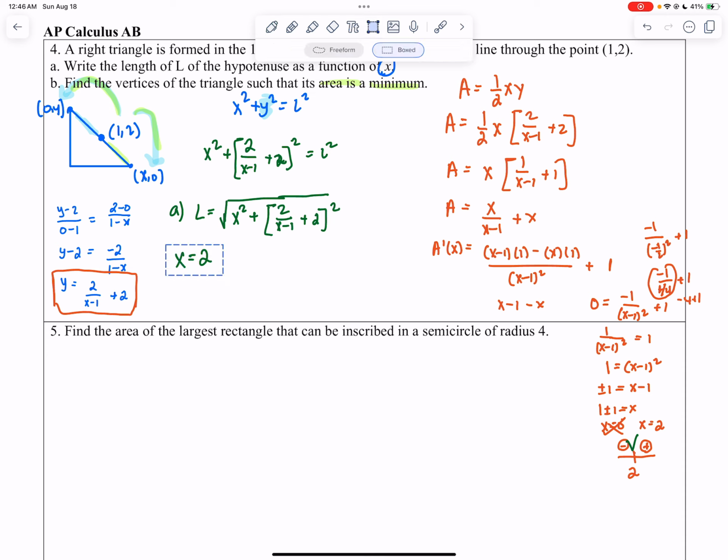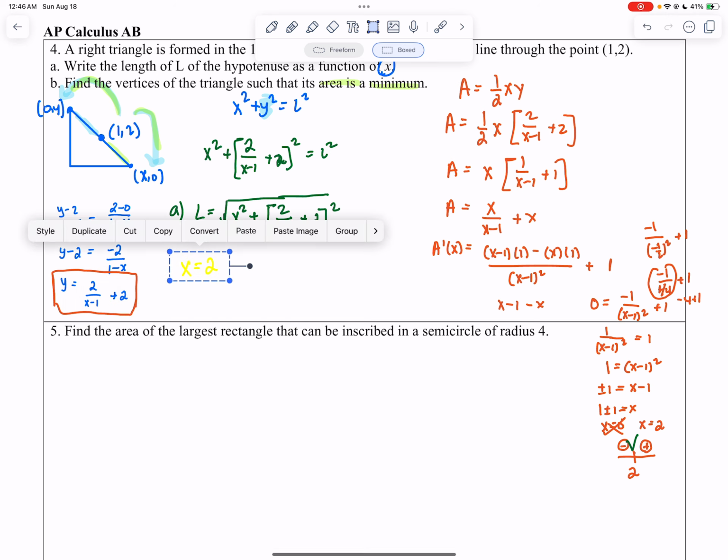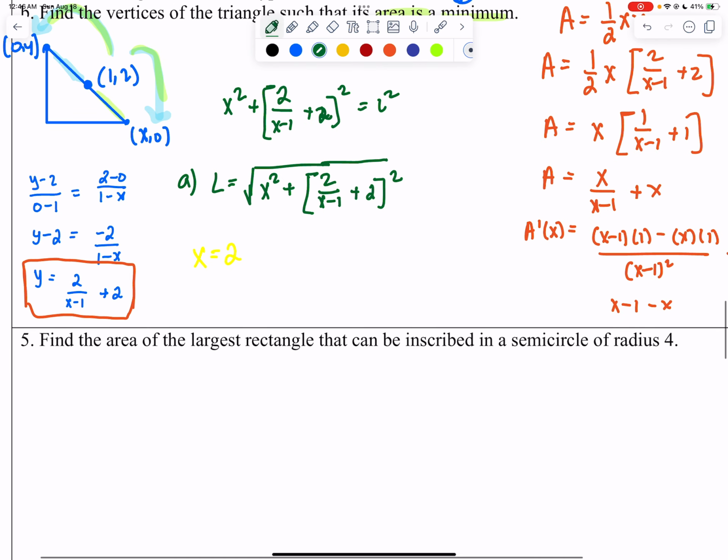We can do that in a different color. Let's do yellow for the LOLs. Sorry, guys. And then what we're going to do is plug in x is equal to 2 into y. So 2 over (2 minus 1) plus 2, 2 plus 2, so that's 4.